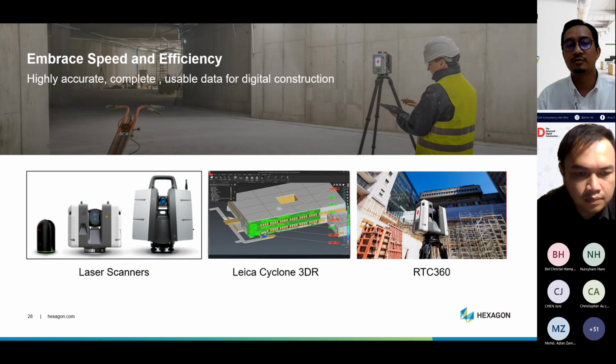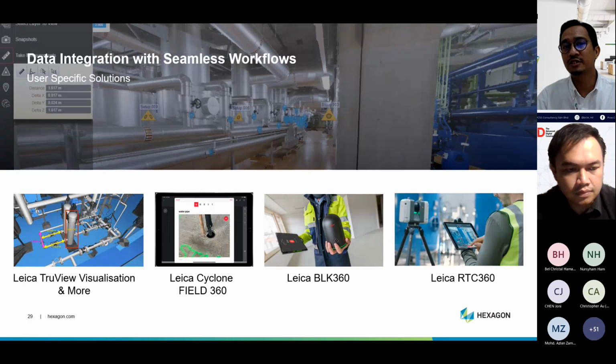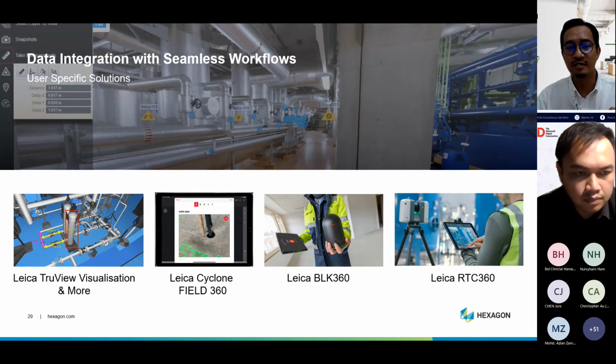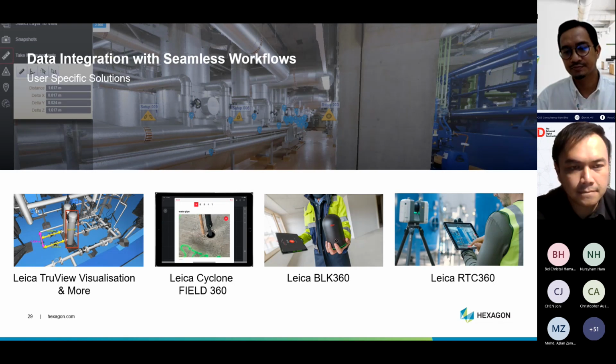Then, of course, for user-specific solutions such as company owners or facility managers, they don't want to work with the BIM model because it's big, tedious, and quite technical to explore. They just want a format they can double-click and access the information. So these are the things you can look into.